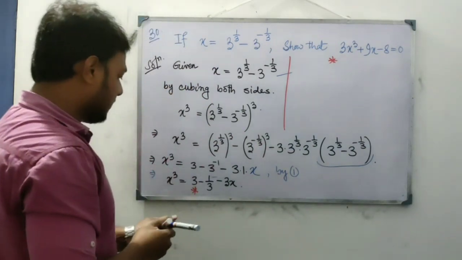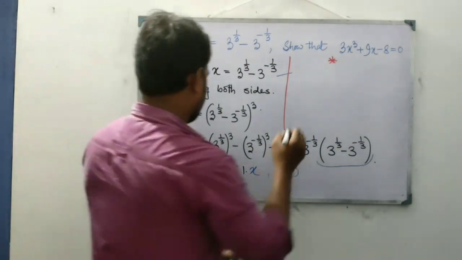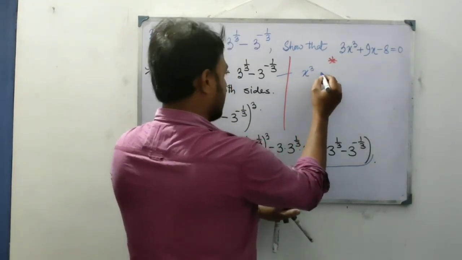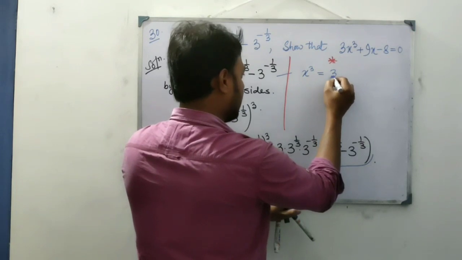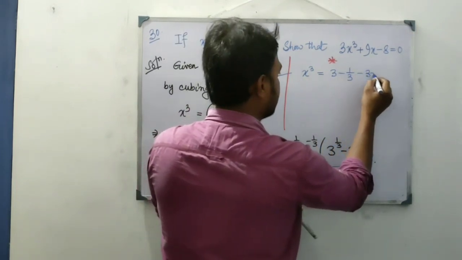After this part, x cube equals, copying the same, 1 by 3 minus 3x was there.